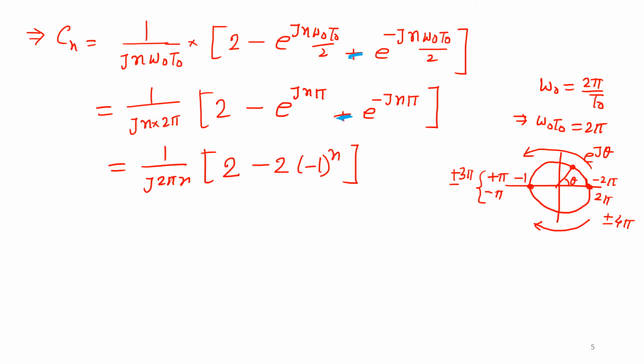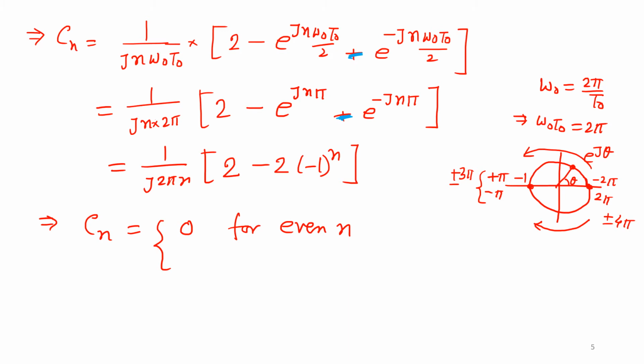Okay, so what will we get? You will see the Cn. If n is even, then it is 2 minus 2, which is 0, for even n.